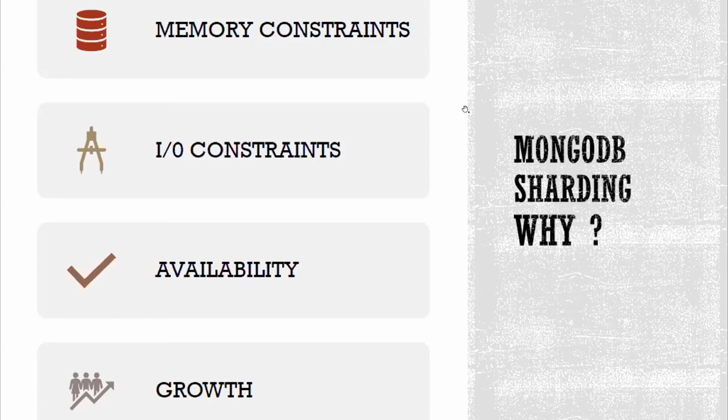So why shard? There are memory constraints, since your process can only access the pooled RAM, and IO constraints. By sharding, you are not limited by a single server. There is increased availability because of distributed processing. Even if one node in the cluster fails, you can have uninterrupted cluster availability. And growth: once you set up the sharding, it's easy to grow by simply adding more capacity.